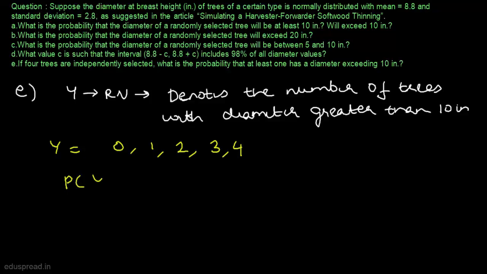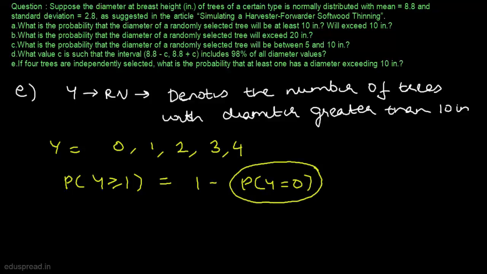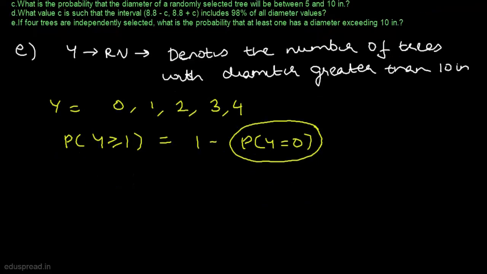By looking at the possible values of y, we can write that this is equal to 1 minus the probability that y is equal to 0. We can subtract this probability from 1 to get the desired probability. Now let's find the probability that y is equal to 0.